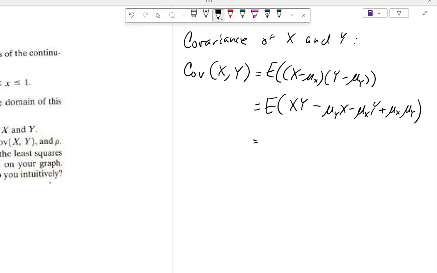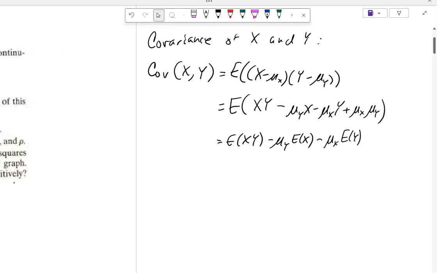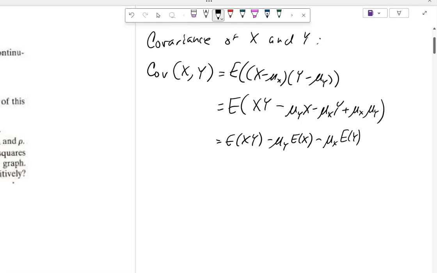So these are random variables, so I can't break that up at all. But after we've calculated the mean, that's a constant. So I can pull the constant out in front. So I have mean of y times expected value of x. The other one, I can pull out the mean of x, and I have expected value of y. And then again, the mean of x and mean of y are constants, so the expected value of those is just that constant.